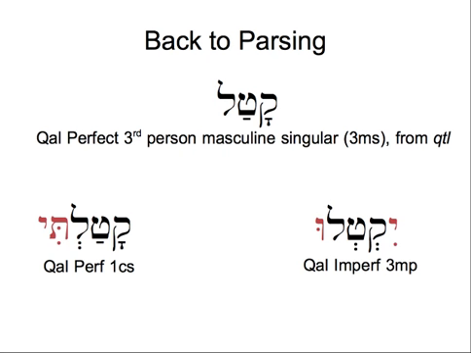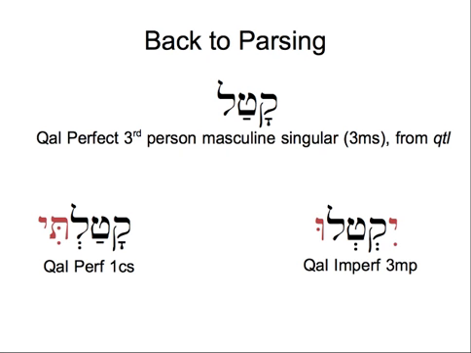So here I have full parsings of three verbs, just so you can see how it works. The top one is our katal, the Qal perfect third person masculine singular. You sometimes see the shorthand 3ms, so we don't have to write out masculine singular every time, from the root katal. And of course that would be translated he killed. Beneath that, to the left, we have the Qal perfect first common singular, so that's first person singular.